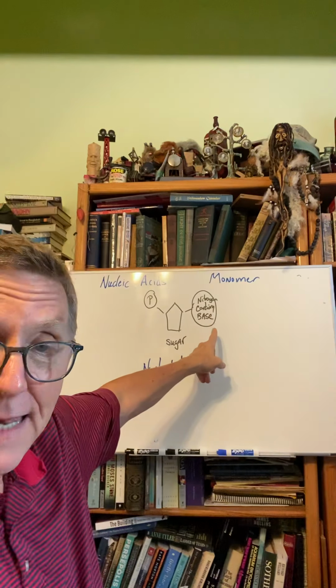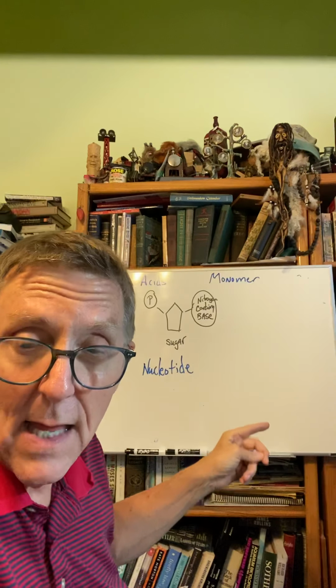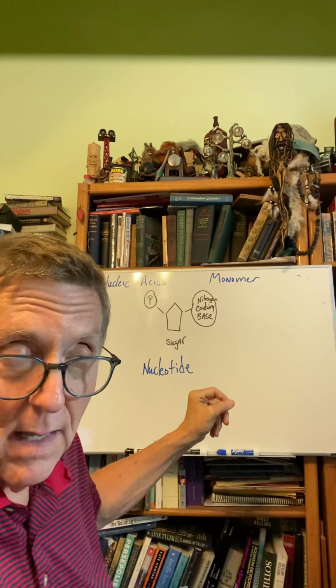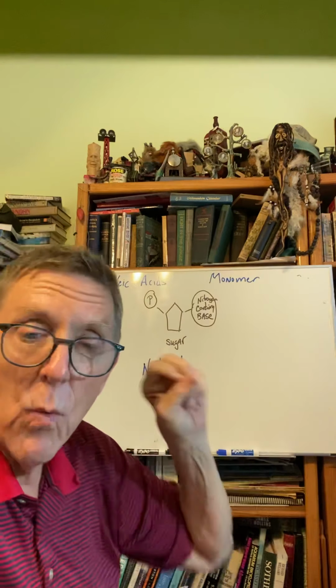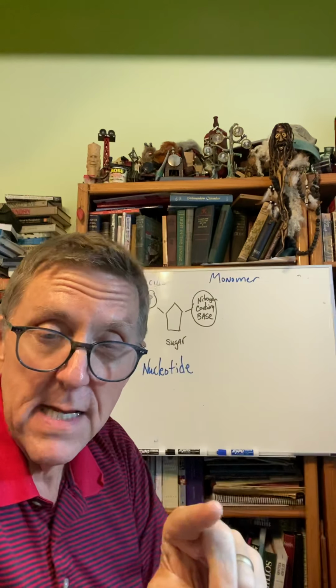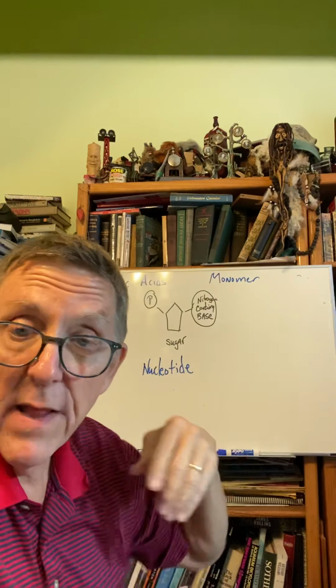We have adenine in both RNA and DNA, cytosine in both RNA and DNA, and guanine in both RNA and DNA. But in RNA, the thymine is replaced by something called uracil.